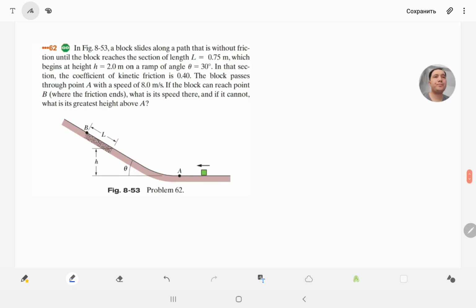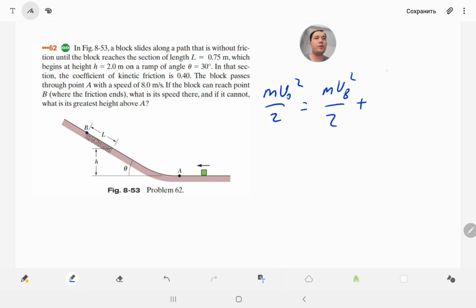So here the initial velocity is given. What is its speed at this point, P? So initially it was moving, so we have the initial kinetic energy. Finally, hopefully it will be moving at point P, so there is a kinetic energy plus the height is increasing, so we have potential energy.